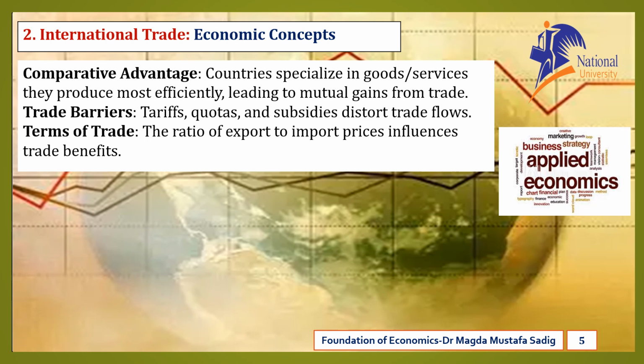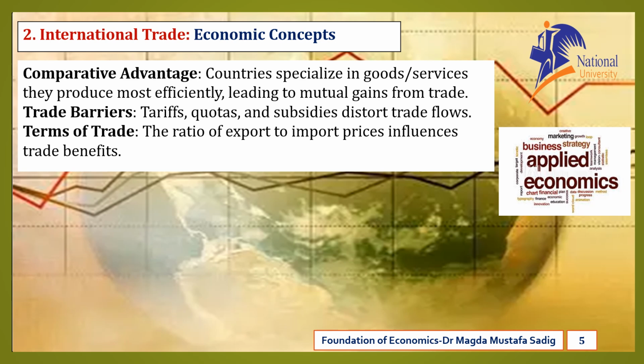This means that a country should specialize in producing the goods or services it can make at the lowest opportunity cost, even if another country is better at producing everything. Example: if Sudan is relatively better at producing cotton and Germany is more efficient in manufacturing machinery, then both benefit by trading cotton for machinery.